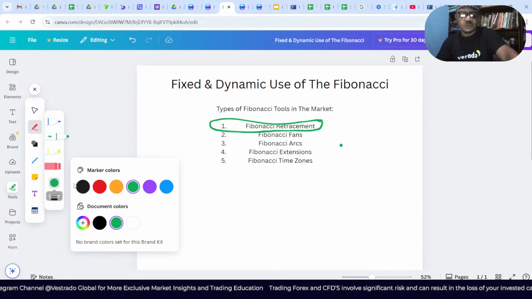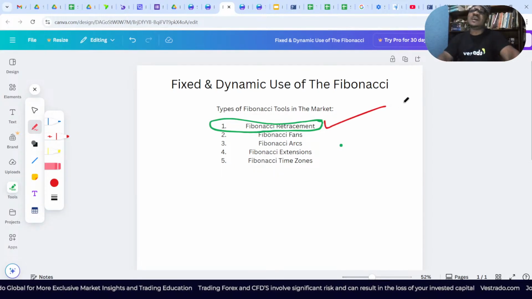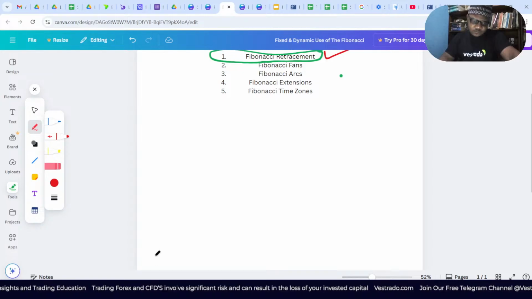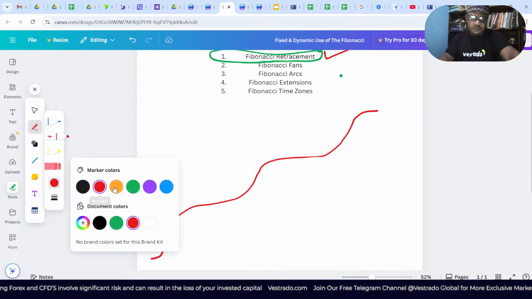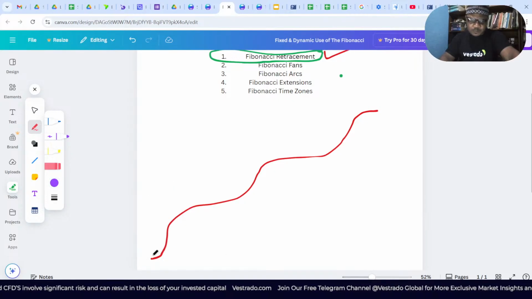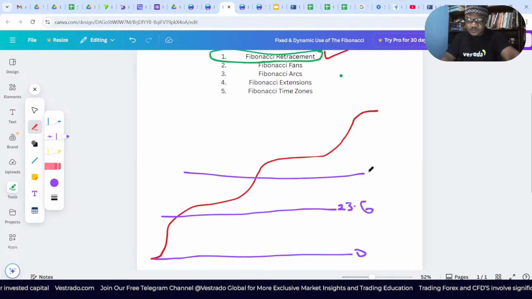Now, for me, the major one, the most common one is the Fibonacci retracement, where you have several levels. What are those levels? So, say you're starting out a trend. Say this is the beginning of the trend. Fibonacci levels are mapped out into several levels. Okay, so let's start with that. So you have the 0. Next, you have the 23.6. And then you have the 50%.